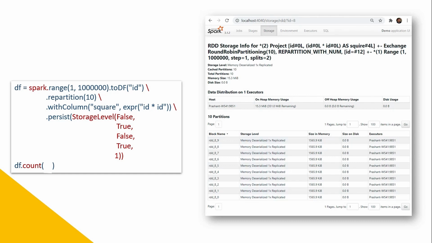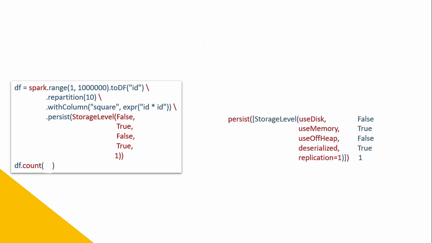But now let me change the storage level and try to understand the storage characteristics. Here is the format for the storage level method. In the current example, I am setting the following values. So what am I saying here? I am saying use memory to cache the Spark data frame partitions, right? I can also make it like this. So now I am extending the cache to the disk.